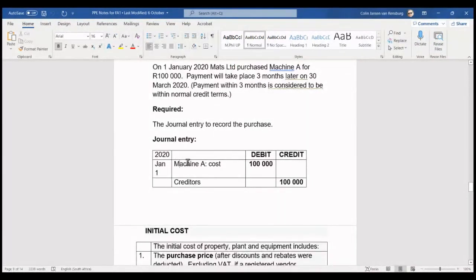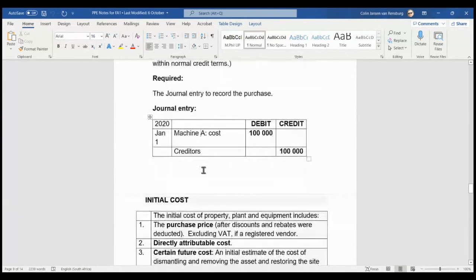We're debiting machine A, in the case where we are going to have an individual account for that, colon, cost, right? If we are going to combine this machine with many other machines, then we're going to do it by means of its category. Then we're not going to call it machine A, we are going to call it machinery, colon, cost, right?